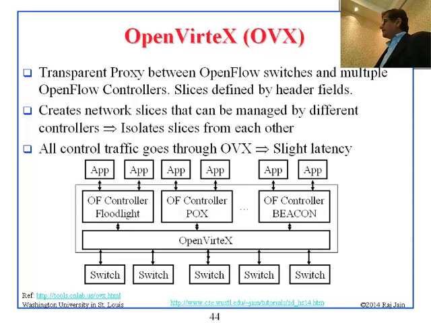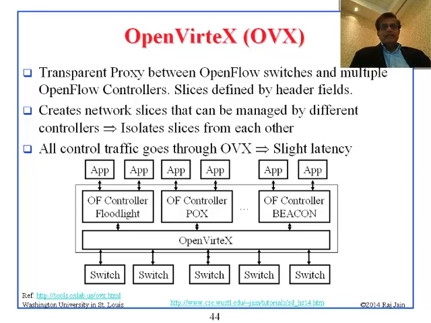So what happens is, if this switch is connected to this controller and this switch is connected to this controller, whenever the message comes in, the Open Vertex knows which virtual switch is connected to which controller and sends it to the right controller. Similarly, when the message comes from the controller, it knows which switch it is intended for, and it sends it that way.